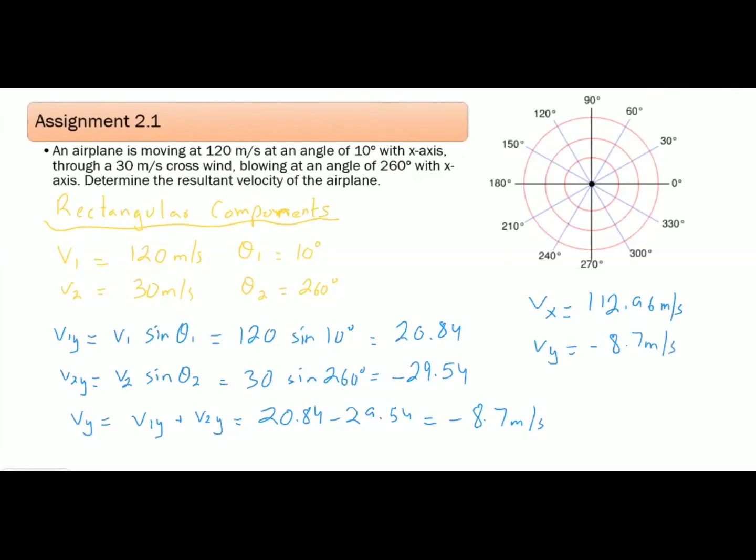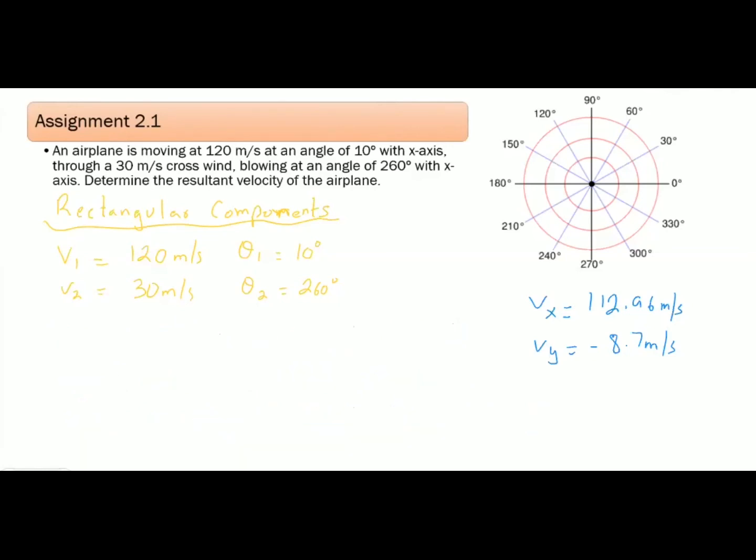Now we have to find the magnitude of the resultant velocity vector by using the formula v equals the square root of Vx squared plus Vy squared. This is the formula which we get from the Pythagoras theorem if we add the vertical and horizontal components.